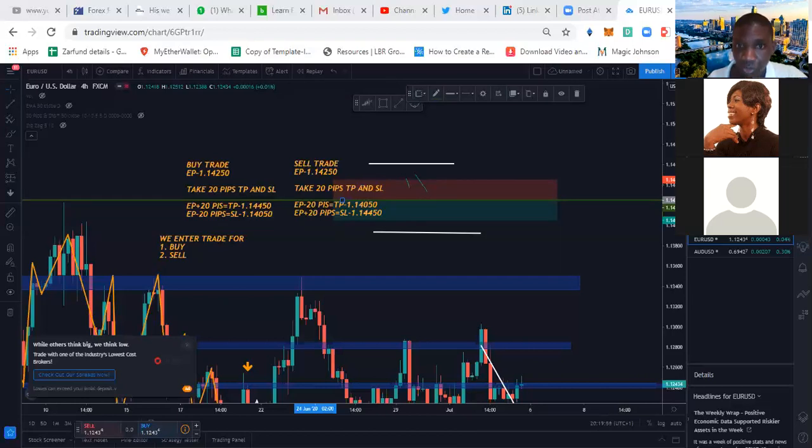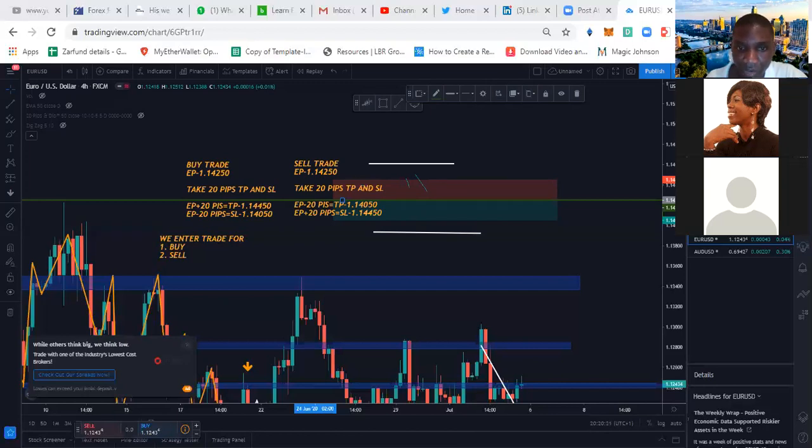So a tweezer bottom is also known as a bullish railroad. Whichever one is easier for you to understand, just take it. Whether it's tweezer or railroad, just know that whenever you see a red candle followed by a green candle, that's a bullish railroad.